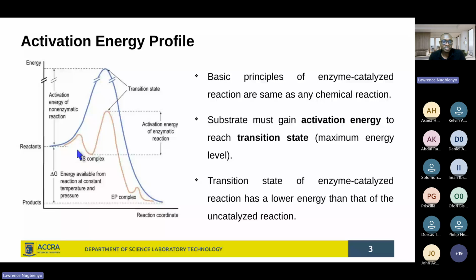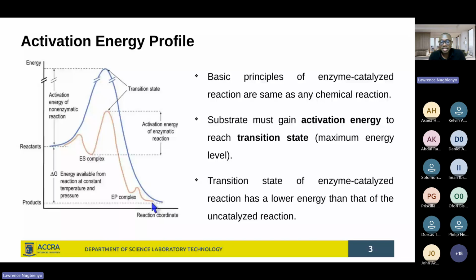And then you have the activation energy that takes that enzyme substrate complex to a transition state, and the product is formed. The product which is formed in the two reactions, catalyzed and non-catalyzed reaction, is the same.